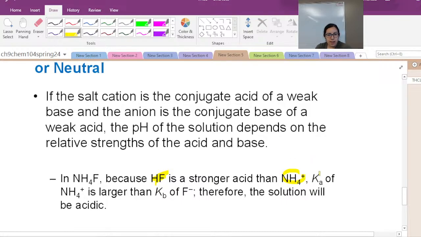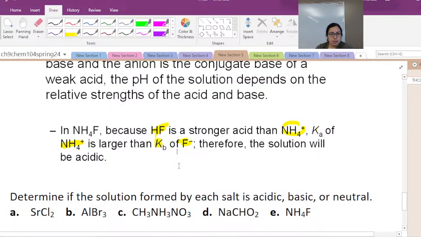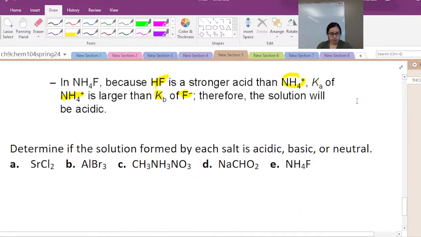Therefore, the Ka of ammonium is larger than the Kb of fluoride. Another useful thing is that Ka times Kb is equal to Kw. Again, for our class, we probably won't do this. This would be a way to figure out your Kb and Ka directly and compare them numerically, but it's probably okay for our class.